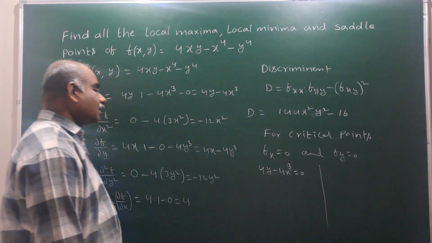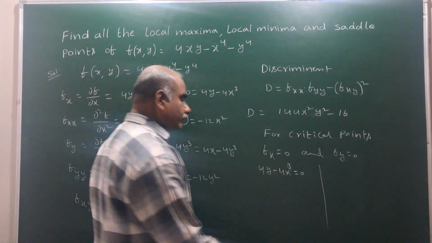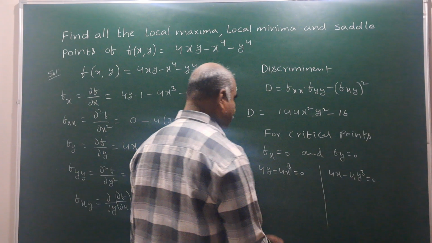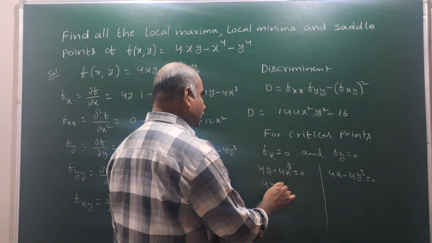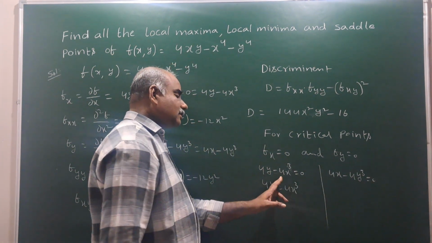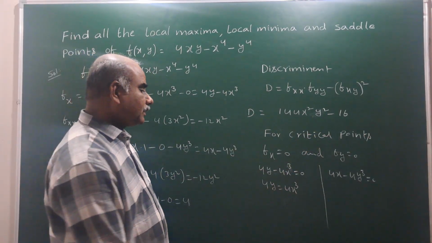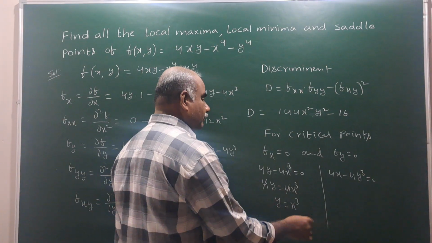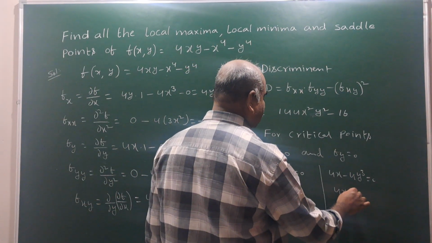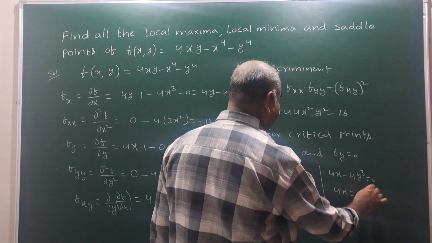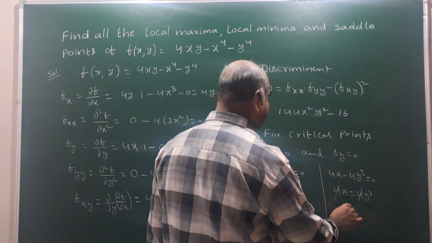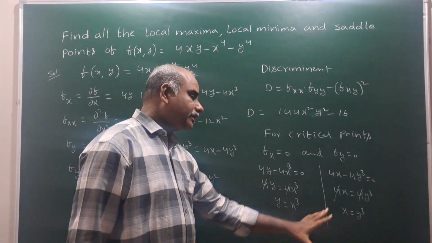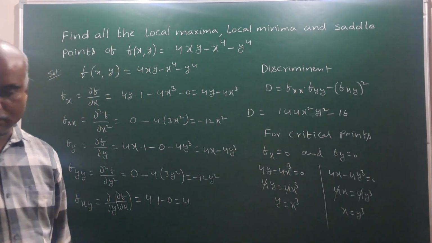And for fy it is 4x minus 4y cube, 4x minus 4y cube is equal to 0. Okay. So 4y is equal to 4x cube. Transposing minus 4x cube to right side, it becomes plus, 4 cancelled. y is equal to x cube. And here transposing minus 4y cube to right side, it becomes plus. Cancel the like terms, we get x is equal to y cube. Okay. So by solving these two equations, we get the critical points. Let us see that.